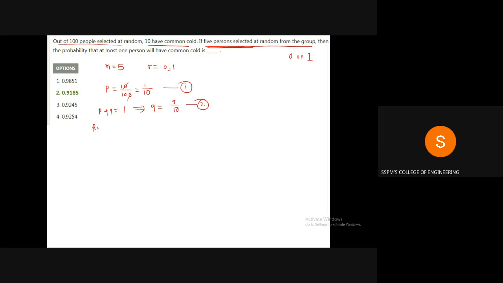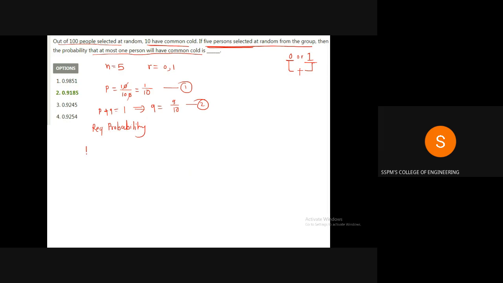Therefore, now the required probability: you have to find the probability that at most one person will have a common cold, that is for r equal to 0 or r equal to 1. We have to find both these values and then add them.